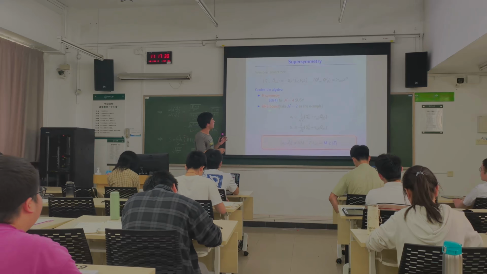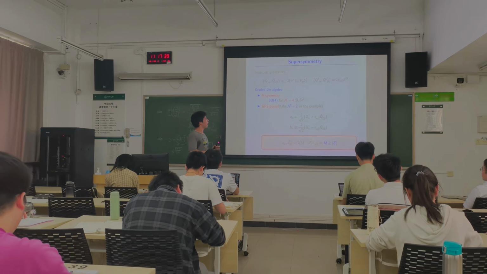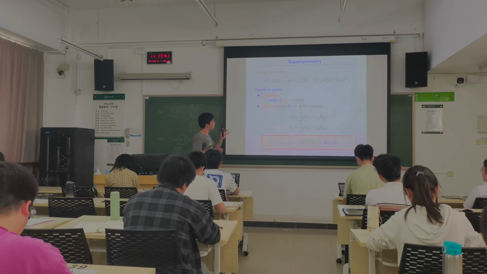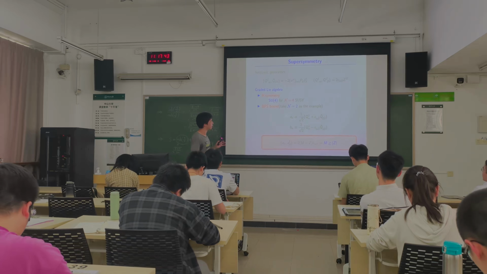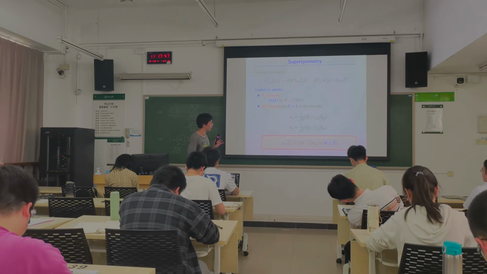And the second feature is it has a BPS bound. If I just take n equals 2 as an example, and the same actually applies to all, after linearizing the fermionic generators in this way, you can calculate, and after calculation you find this anti-commutator will be like this.